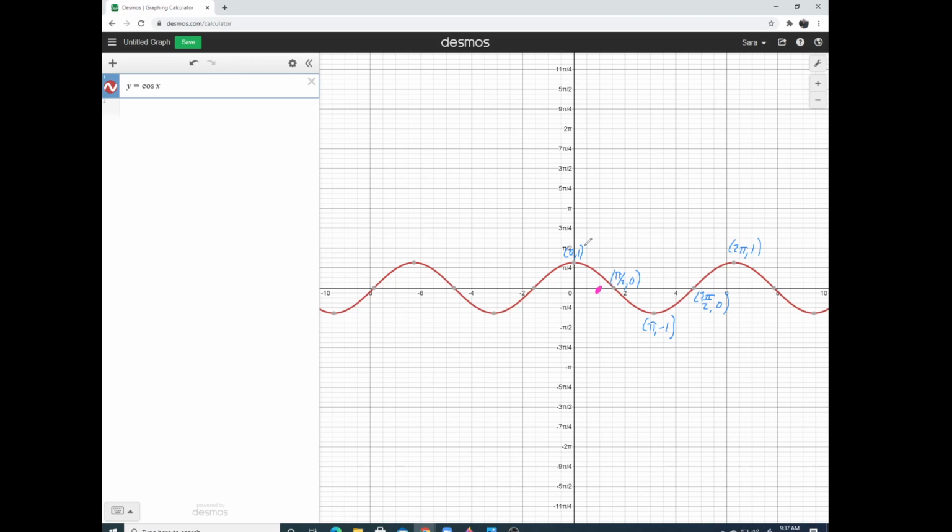Alright, so 0, pi over 2 would be right here. Negative 1 comma pi right there. 0, 3 pi over 2. 2 pi, 1. And I get something that looks like this, and then it will repeat itself.